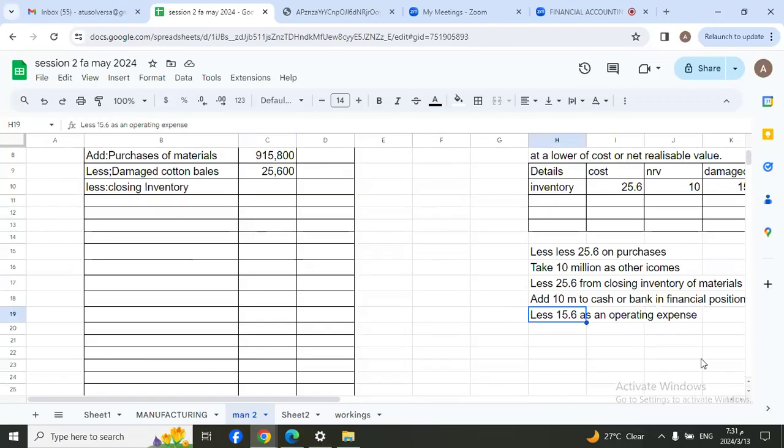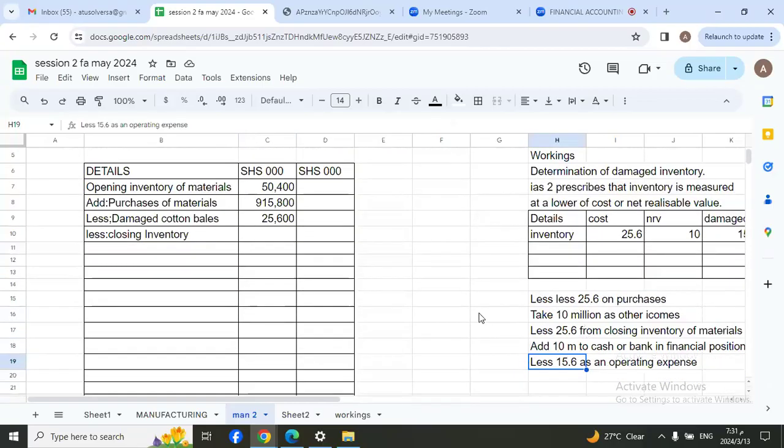Then at the end, we shall also consider it as an expense. Then the other 10 will be taken as our additional incomes. So here, we are not taking 25, but rather 15,600. Sorry about that.